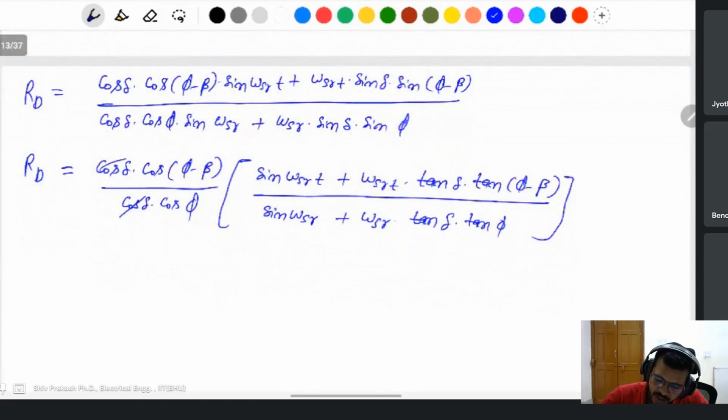This cos del cancels out. You can calculate the tilt factor from here: cos of phi minus beta divided by cos of phi.